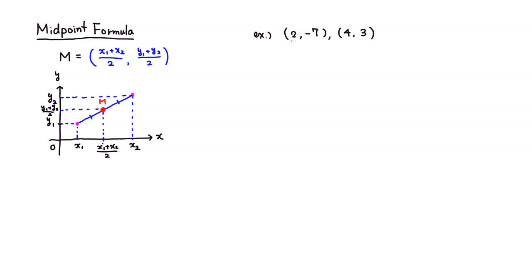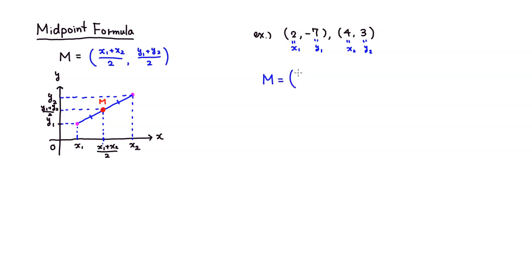I'm going to call this first point x1, comma, y1. And the second point, I'm going to call x2, comma, y2. And after that, it's just going to be number crunching. So midpoint M can be found just following the midpoint formula.